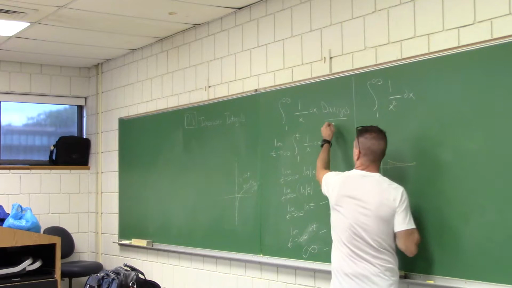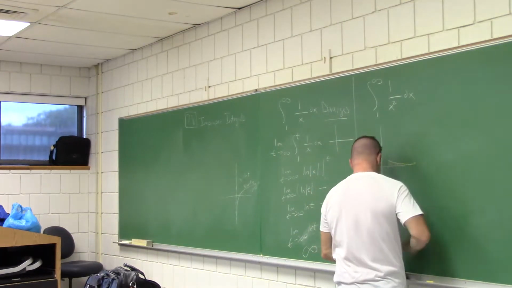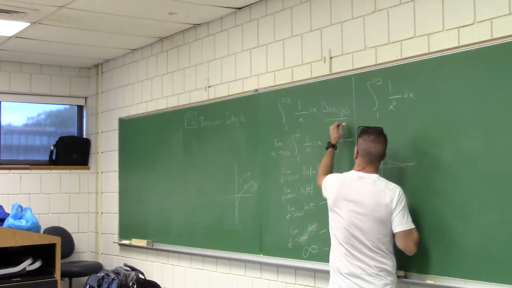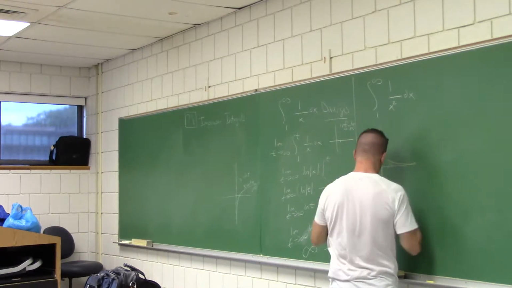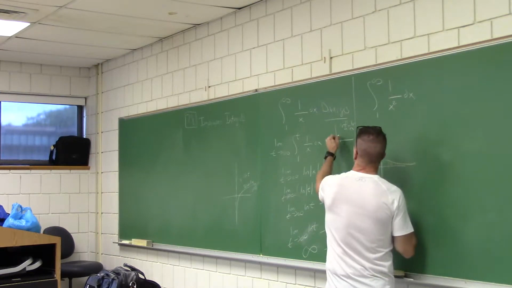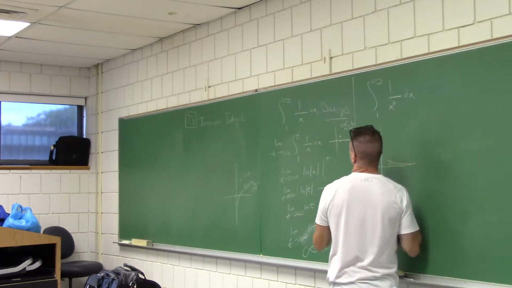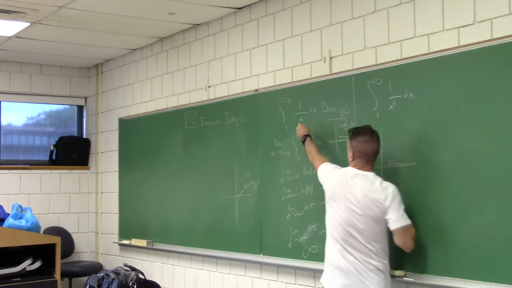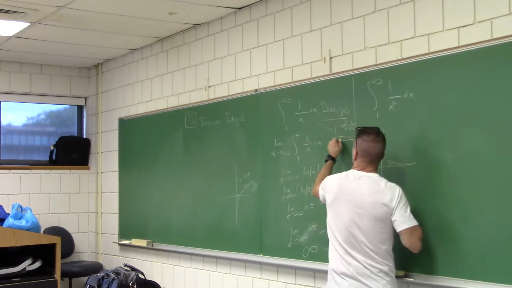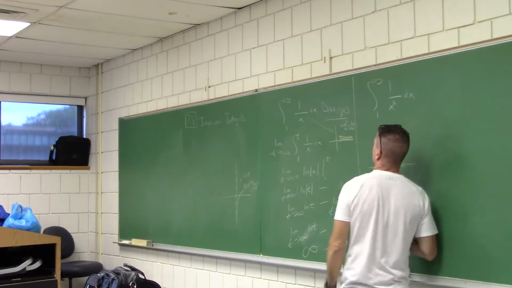Here, I'll draw a picture again. You go, how much area is in here? There's infinite area from, what, we started at 1? 1 over x, and this is this function right here. And it's infinite area.